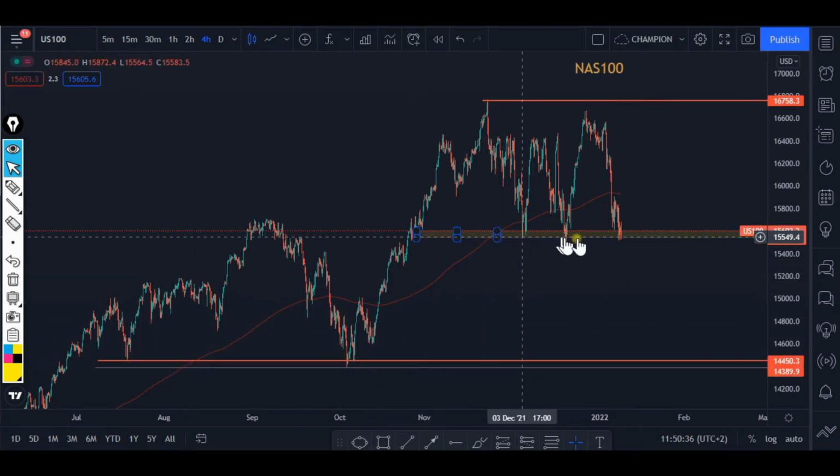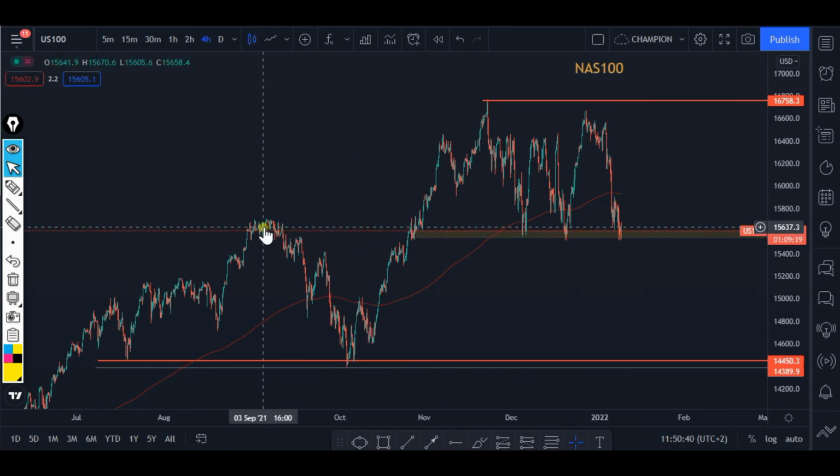This is our support, and clearly this used to be our previous resistance. So the market is respecting this area right here. When the market hits this area, it always pushes high.